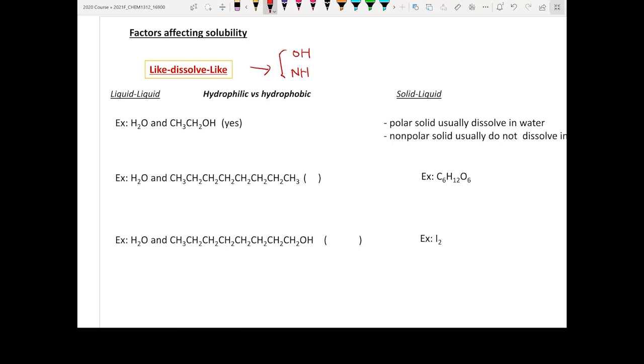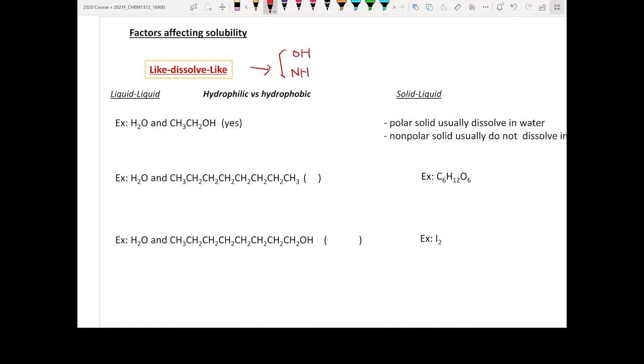If you want to form a hydrogen bond, typically you will need an atom of oxygen or nitrogen. That's why I put this NH and OH here. Those are the key atoms you should look for when you see a chemical formula.